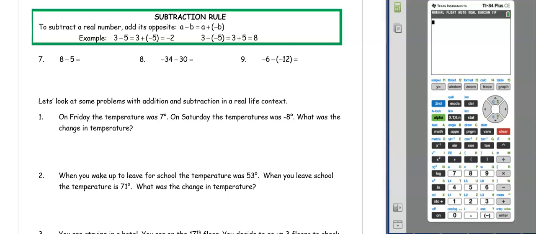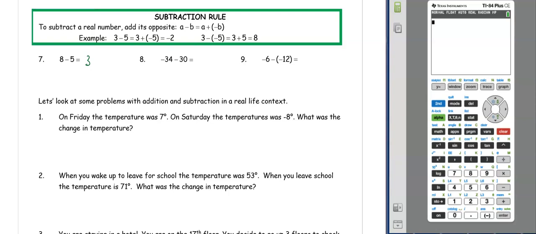Now, when we are subtracting, another way to think about subtracting is adding a negative number, or just regular subtraction like you are used to. So in number 7, we have 8 minus 5, which gets us 3. We have negative 34 minus 30. Now, this should not come out as a positive number, and it should become a negative number that is way bigger than either of those numbers.